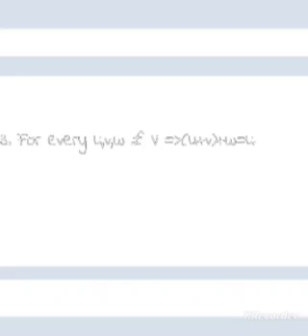Now the third one is for every vector u, v, w in the vector space V, it implies that u plus (v plus w) is equal to (u plus v) plus w.